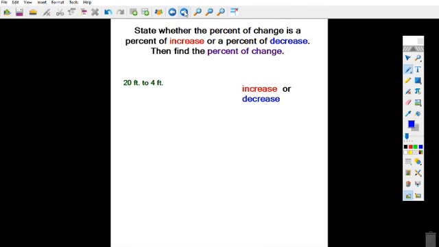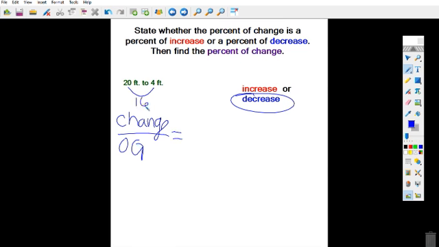Let's do this one. This time, you go from 20 feet to 4 feet. We went down. We went down from 20 to 4. That's a decrease. So, my change over original. Okay? The change from 20 to 4 is 16. The original is the number you start with. 20 equals r over 100.